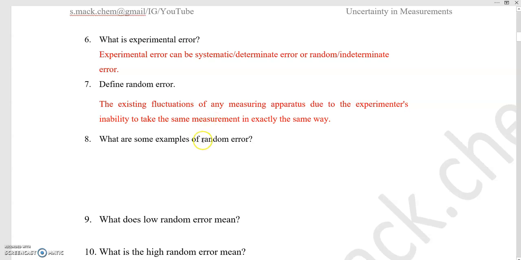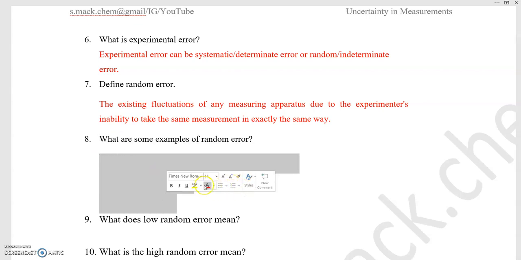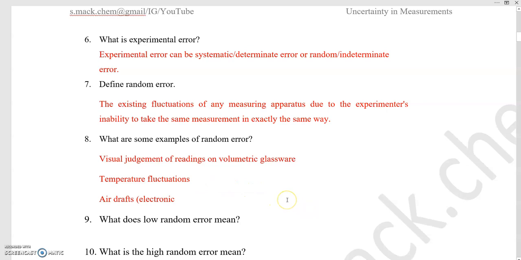So we're just going to continue and use our definition of random error as is, and we're going to try to understand what it means by looking at examples of random errors. So a random error could be the operator who has to visually judge readings on, let's say, a pipette or burette or beaker, right? Two operators may not see the exact same value.